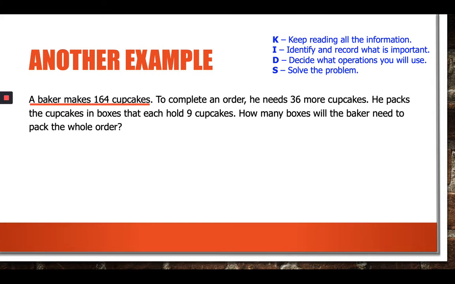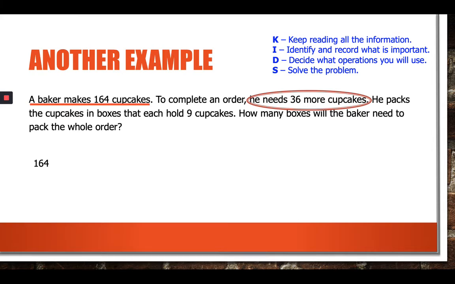First of all, we identify our important information. The baker makes 164 cupcakes. But it also in the next sentence tells us something that's very important. He hasn't completed the order yet. It tells us to complete the order, he needs 36 more cupcakes. So we know that he has 164 cupcakes, but he still has to make a few more.